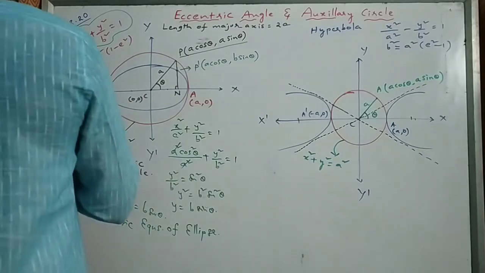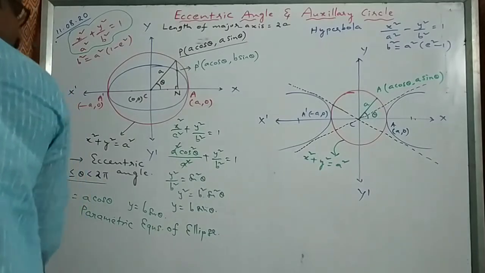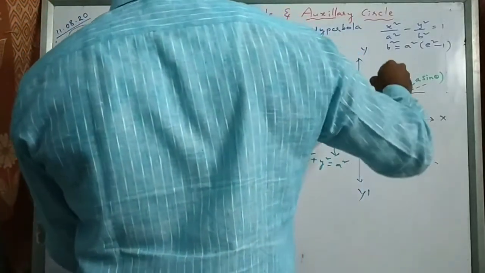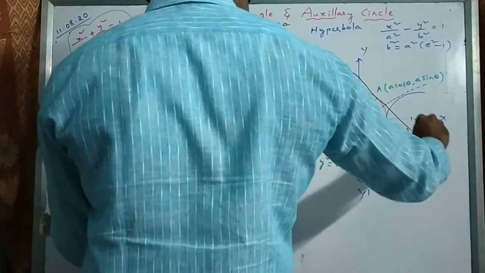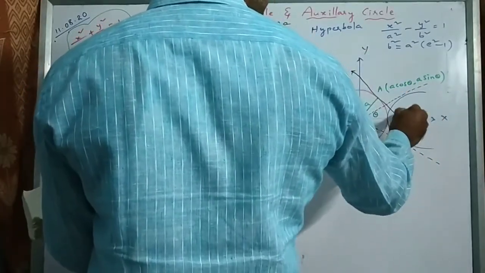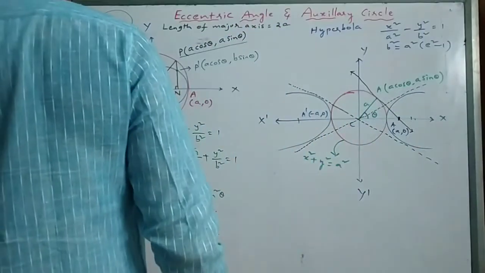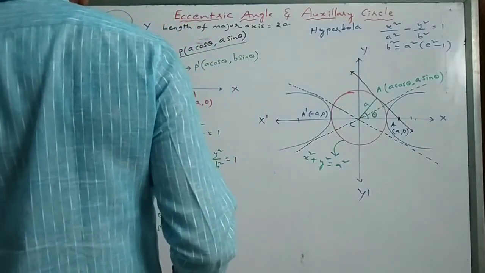Now suppose if I draw a tangent at this point, this tangent is meeting here, right? That tangent coordinates I am going to find now.